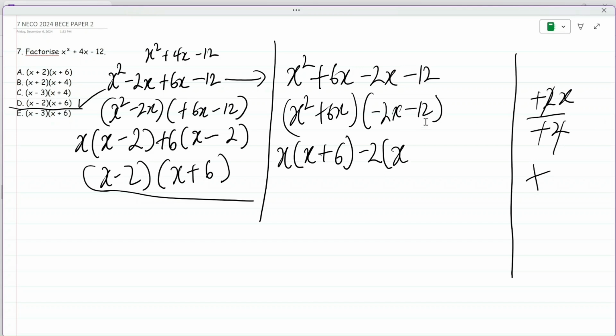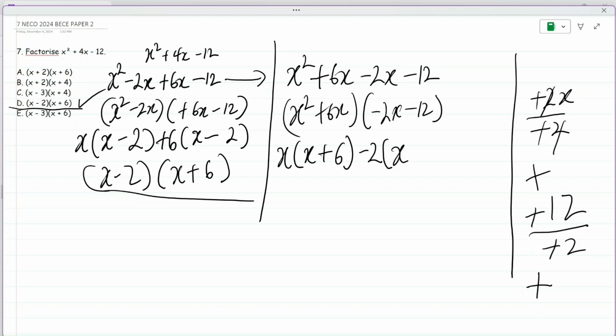Then this 12, like I always said, owns this minus. So you have minus 12 divided by minus 2. So you are dividing this minus 12 by this minus 2. Like I just solved, this minus will cancel out and turn to positive. Minus divided by minus is positive, is plus.